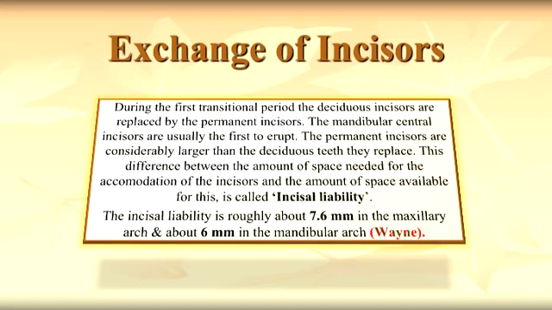This difference between the amount of space needed for accommodation of the incisors and the amount of space available for this is called incisor liability. The incisor liability is roughly about 7.6 millimeter in the maxilla, while 6 millimeter in the mandibular arch, according to the literature.